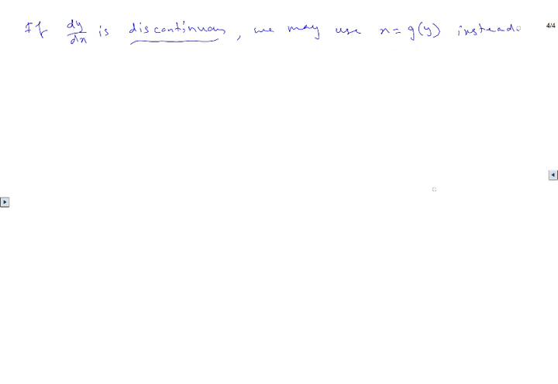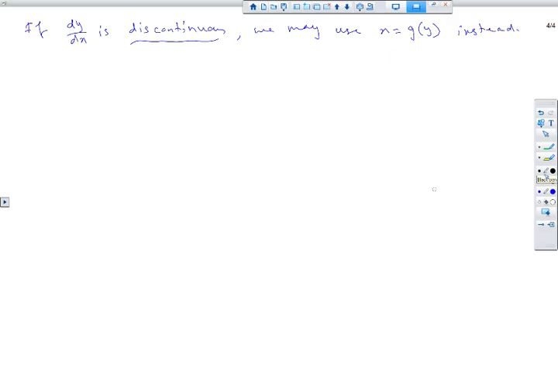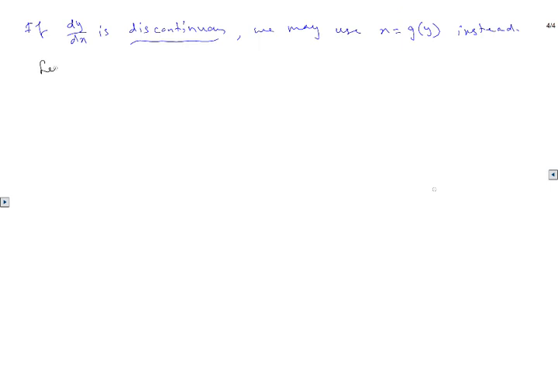So if you use that one, then your equation is going to be, let's say, the length formula for x equals g(y), from y going from c to d. That's the length formula for the other case.